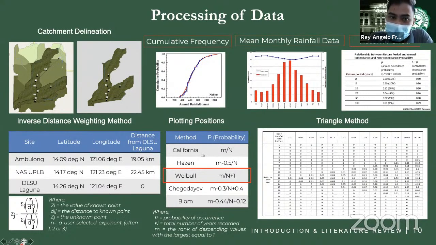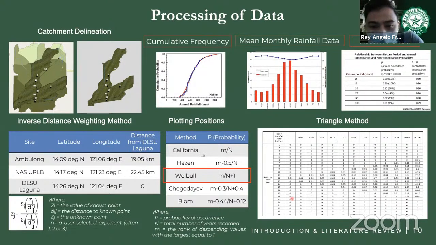So the next one is the processing of data. The DTM, the digital terrain model from NAMRIA, was delineated using ArcMap, and we actually produced 17 subcatchments and chose the 3 subcatchments which are the main factors. For the rainfall data, we actually analyzed it since it is a daily rainfall data. The acceptable input in the stormwater management model is an hourly rainfall data, so we use a triangle method to disaggregate it.